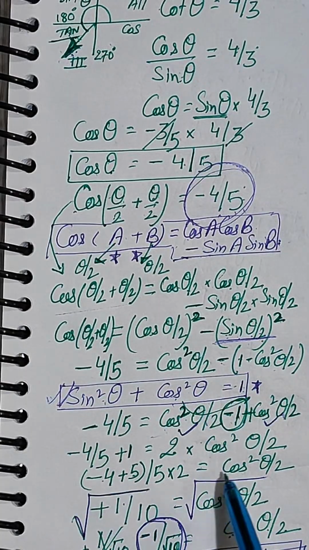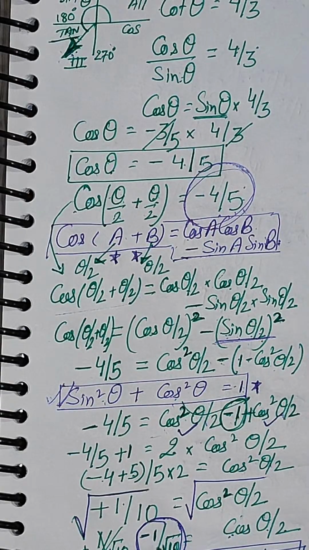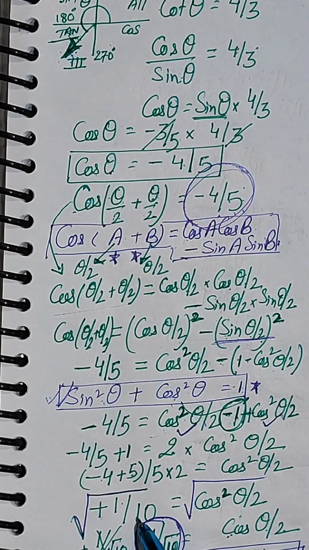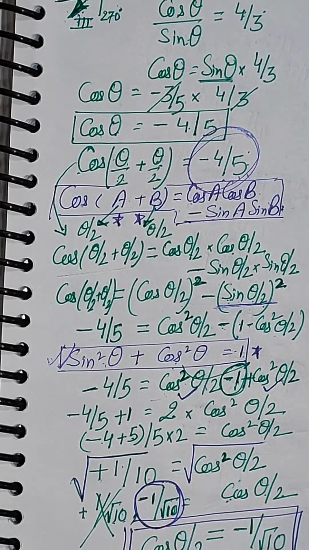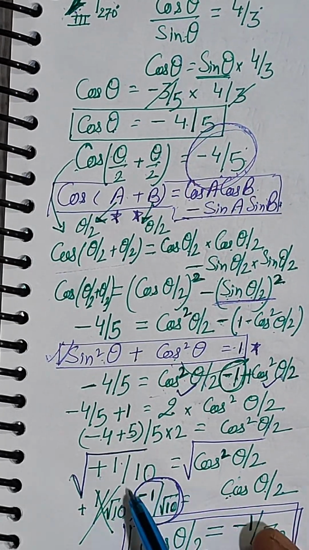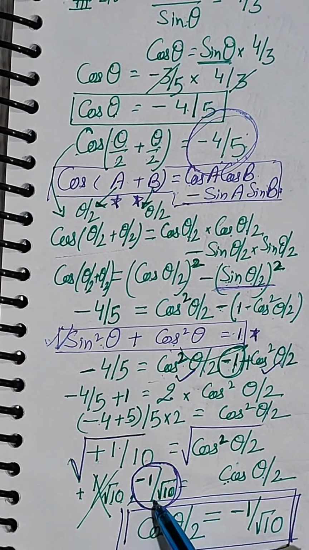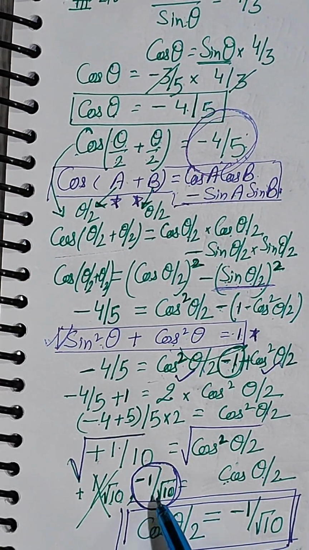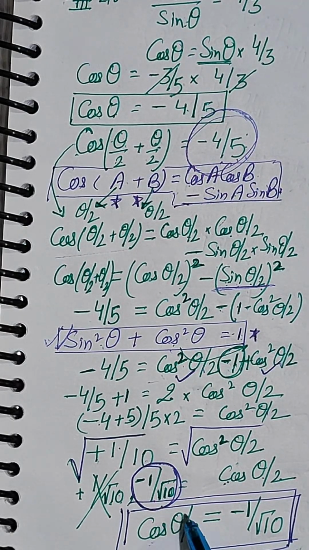This will give you the value of cos square theta by 2 as root over 1 by 10, and the value of root over of 1 by 10 is either plus 1 by root 10 or minus 1 by root 10, right? So here, since cos is lying into the third quadrant, so definitely the negative sign value will be taken. So that's why we have taken cos theta by 2 as minus 1 by root 10.